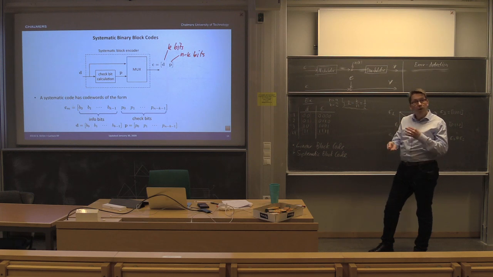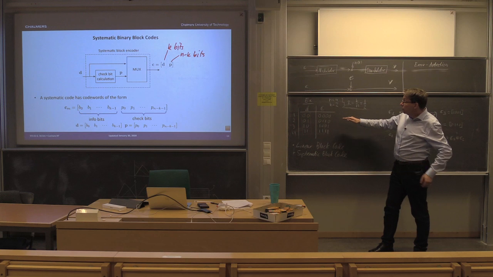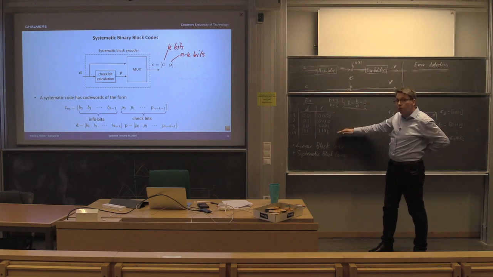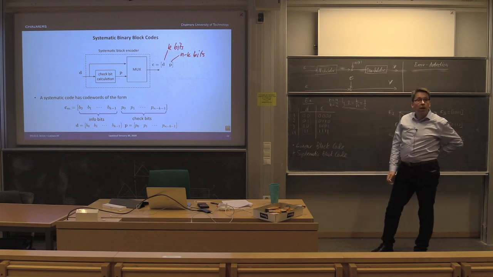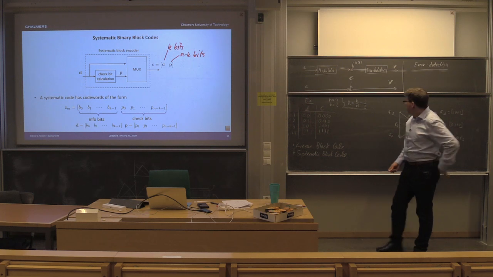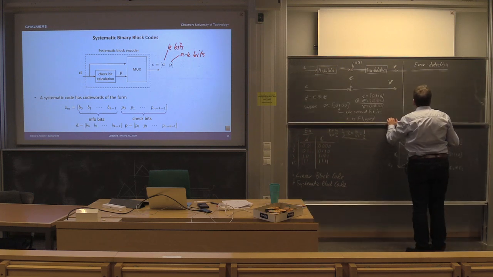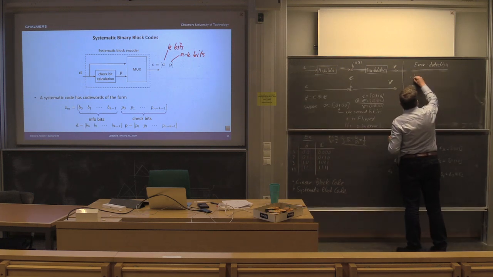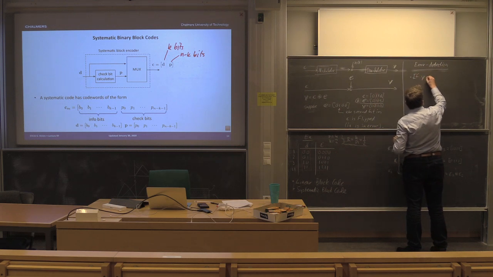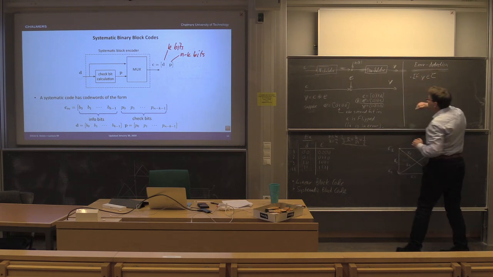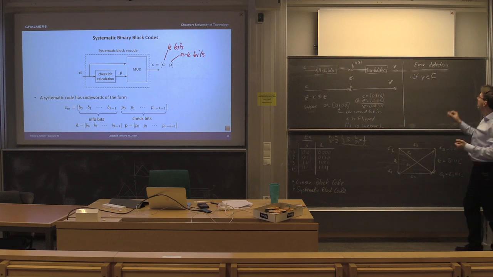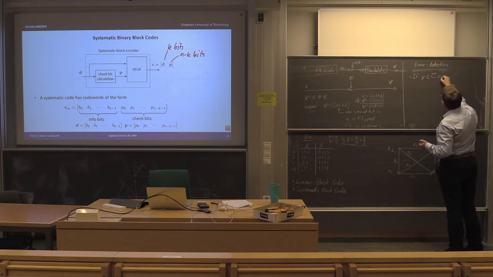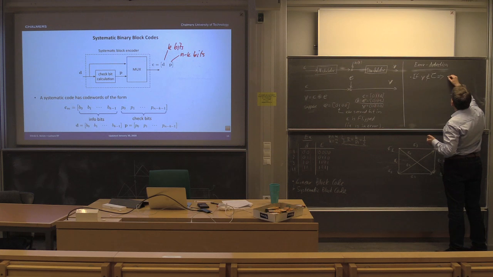Okay, and then we flip the argument and say, okay, now suppose y is a code word, then we will accept that and say no error has occurred. Okay, so to summarize, if y is in this curly C, accept; if y is not in curly C, then declare error.